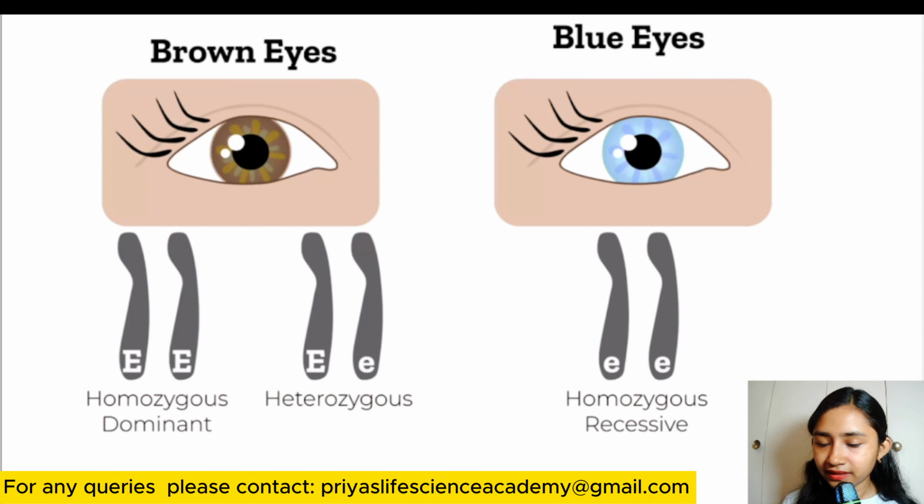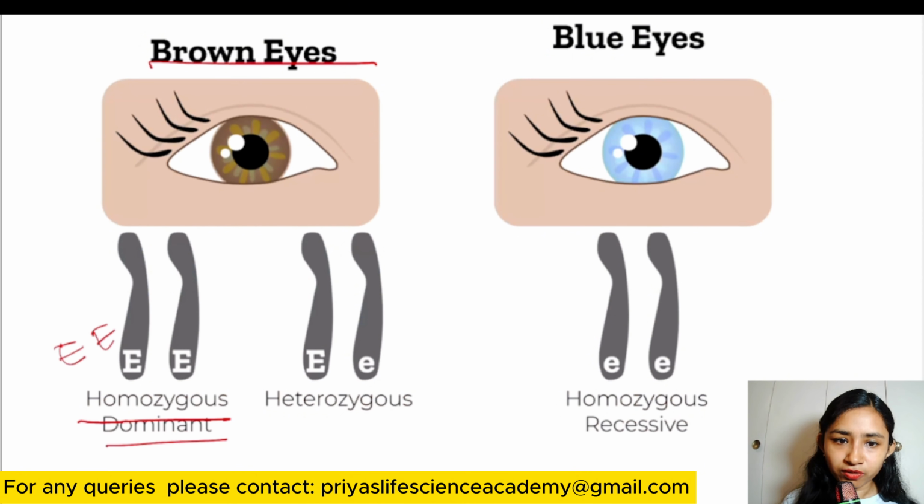So here are some examples of homozygous dominant and heterozygous. For brown eyes, the capital E alleles are responsible, and in the heterozygous form brown eyes are also present. From here you can conclude that capital E allele is dominant over small e.